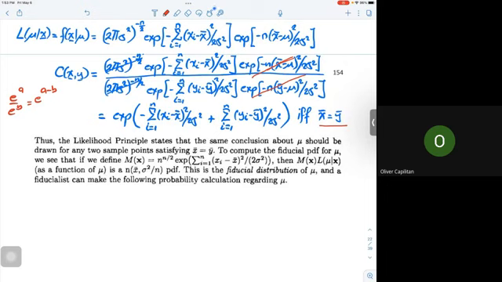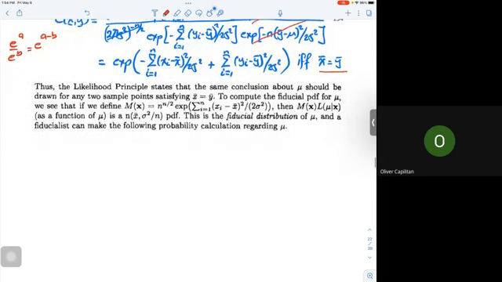And in this case, it has a normal distribution with mean x bar and variance sigma square over n. So this is the fiducial distribution of mu, and a fiducialist can make the following probability calculation regarding mu.